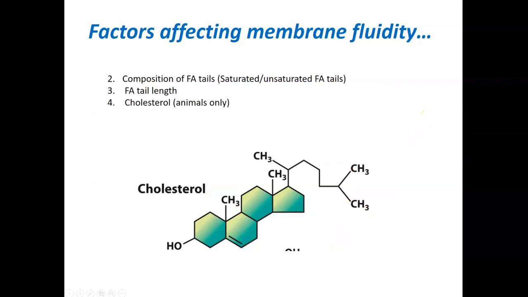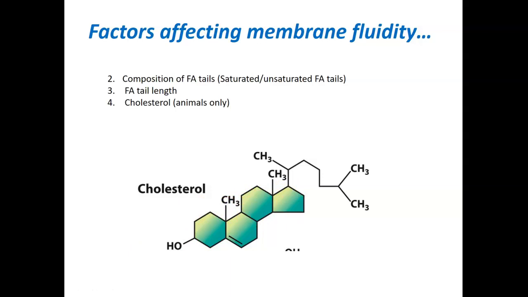And lastly, as I mentioned, cholesterol, because of that ring-like structure, is predominantly all carbons and hydrogens, with the exception of that one hydroxyl group that we mentioned earlier. This is not as strongly impacted by changes in temperature, and because of that, it's got a somewhat rigid structure.